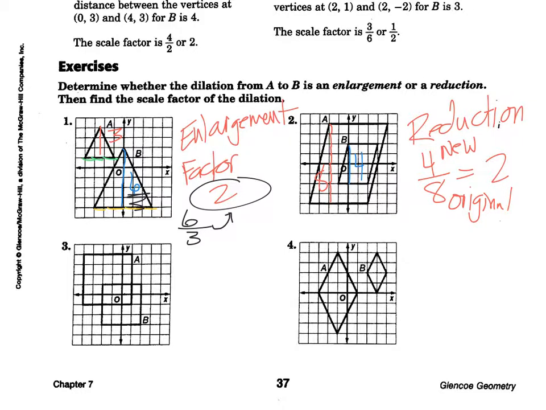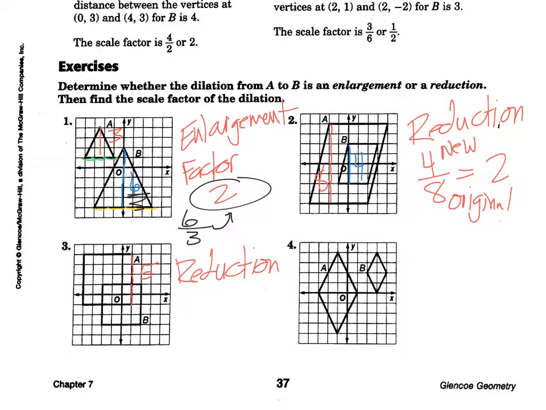Okay, let me do one more. So here's A, here's B. What happened? We got smaller. So again, that's a reduction. So let's take A, 1, 2, 3, 4, 5.